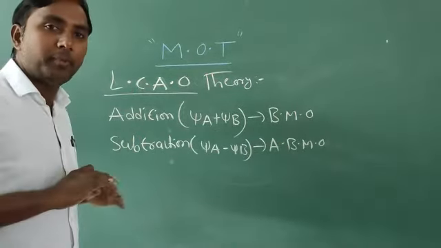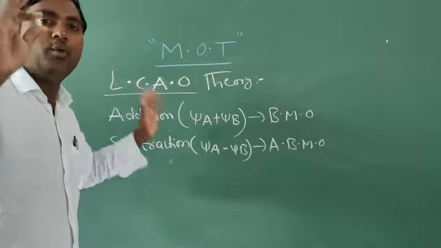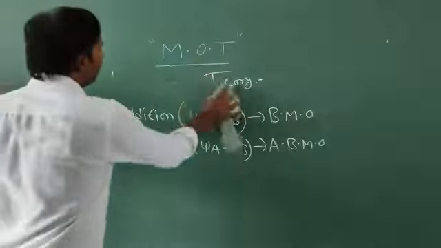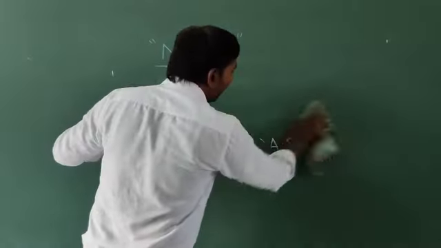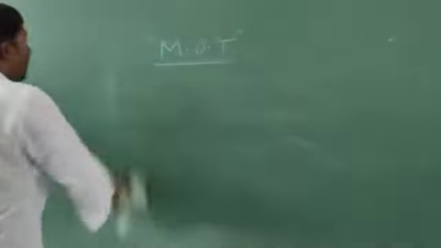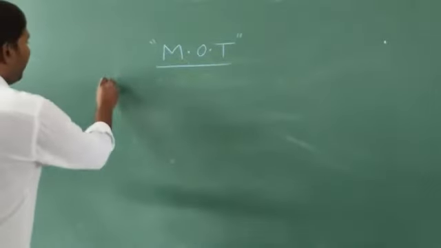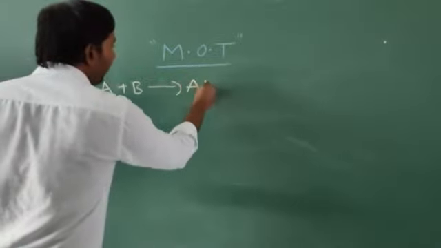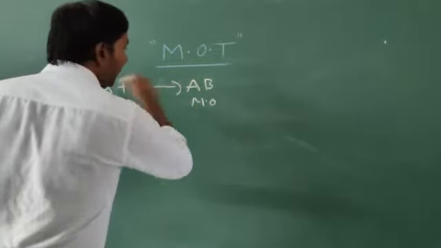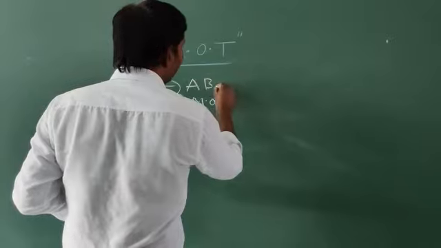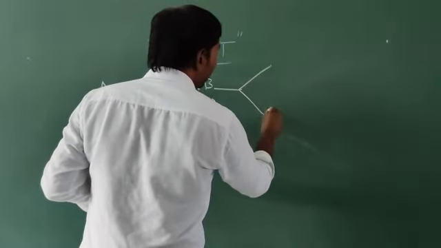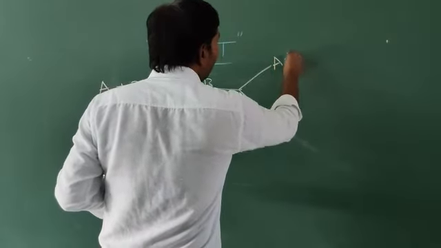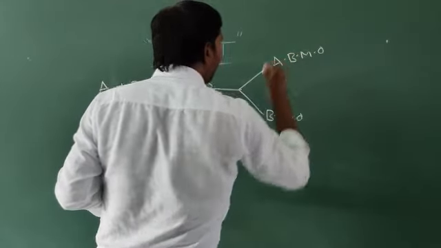This theory explains in the form of wave functions. Suppose two atomic orbitals A and B overlap to form an AB molecular orbital. This AB molecular orbital has two types: BMO, bonding molecular orbital, and ABMO, anti-bonding molecular orbital.